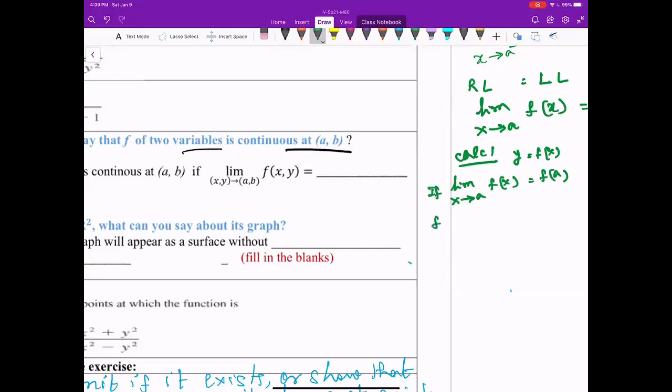Then f is said to be continuous at x equal to a. This is the definition. What it means is the limit should not only exist, it should also be equal to the value of the function at a.